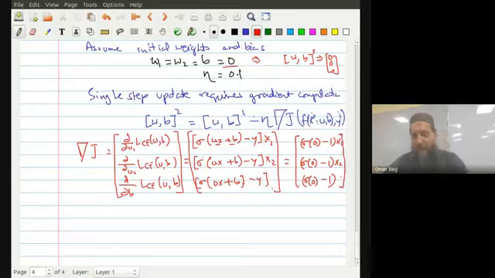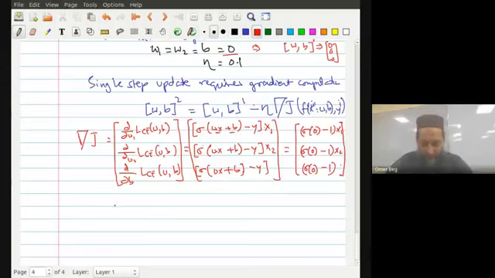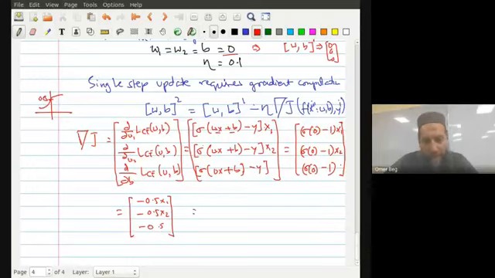So that's a 1. So this is what we have. And let's simplify this. Sigmoid of 0 is 0.5, because this is how the sigmoid function looks like. It crosses the y-axis at 0.5. So the value is going to be 0.5 minus 1, minus 0.5 x1. The second one would also be minus 0.5 x2, and the third would be minus 0.5. Right? This is the vector we're getting.